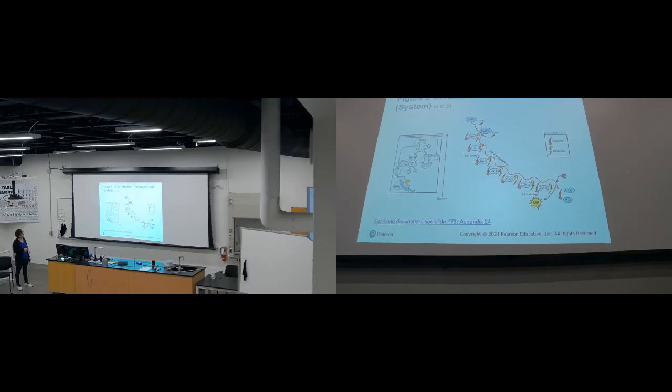Then this Q is going to transfer them to cytochrome B. Cytochrome B is going to transfer them to cytochrome C1, and then cytochrome C1 is going to transfer them to cytochrome C. Cytochrome C is going to transfer them to cytochrome A, and then cytochrome A is going to transfer the electrons to cytochrome A3.